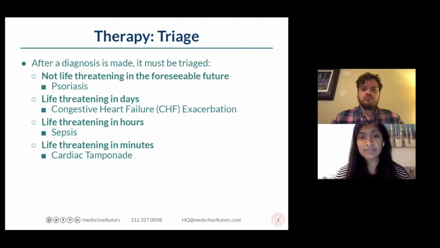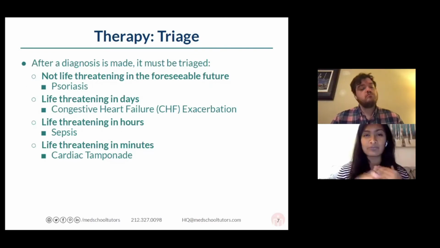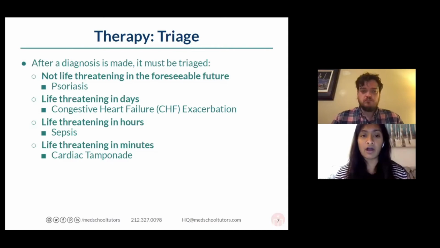Many dermatologic diagnoses, psoriasis, eczema, all of those things, are more outpatient issues. SJS, however, is not, right? So really knowing the differential and knowing what the acuity of those problems could be. Other things could be life-threatening over the course of days, something that would require an admission to the hospital, but not necessarily ICU-level care.